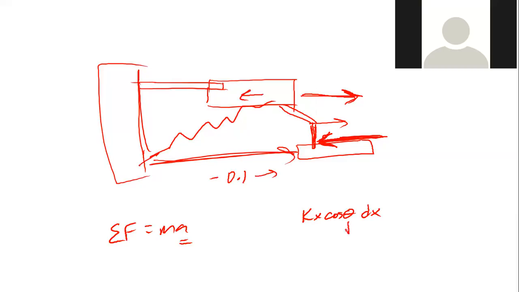So then you've got to get theta as a function of x, which you can do with trig, and then you have to do the dx, and by then you're out of time on the test. So it really is a much better approach to do the work energy method here, right? But remember, all of this stuff is derived from F equals ma, so you can always use that, but the integrals get so painful that it's almost always much easier to do work and energy for a problem like this. I got you.